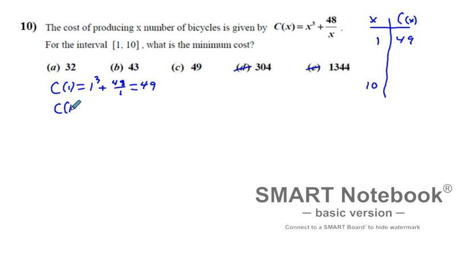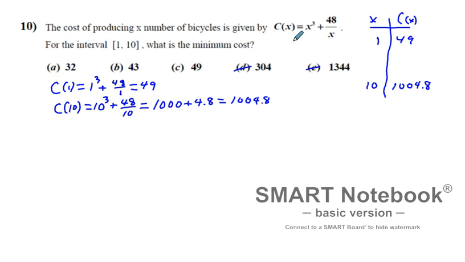C of 10 is equal to 10 cubed plus 48 over 10. The 10 cubed is 1,000, and 48 over 10 is 4.8. So we have 1,000 and 4.8. So not a correct answer.